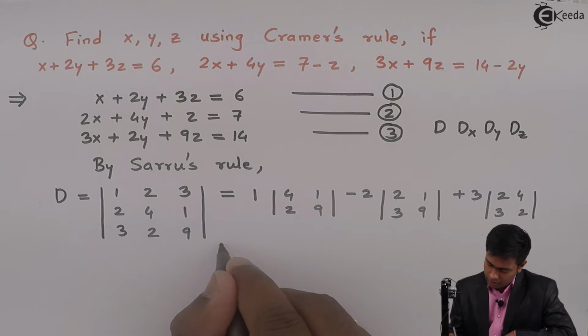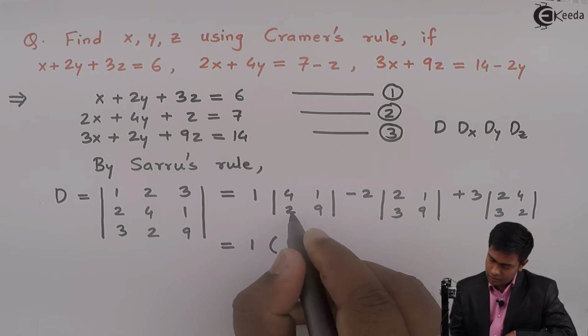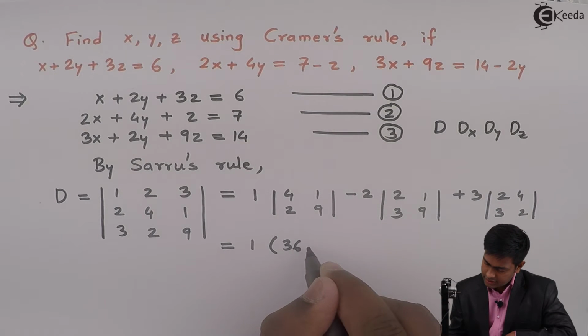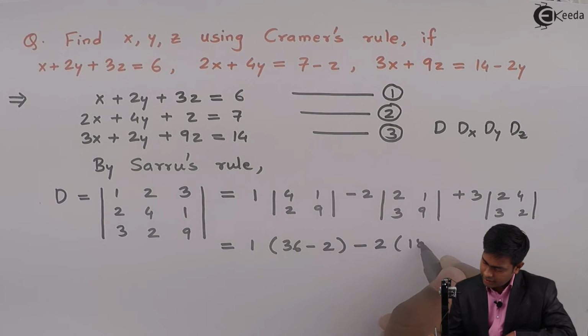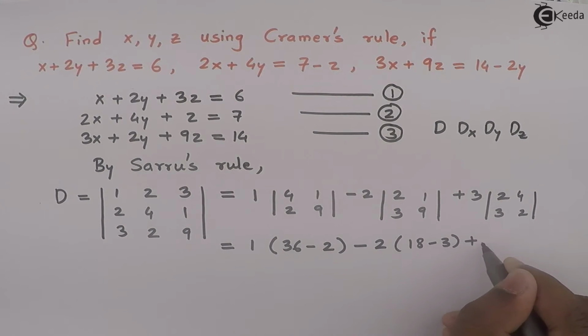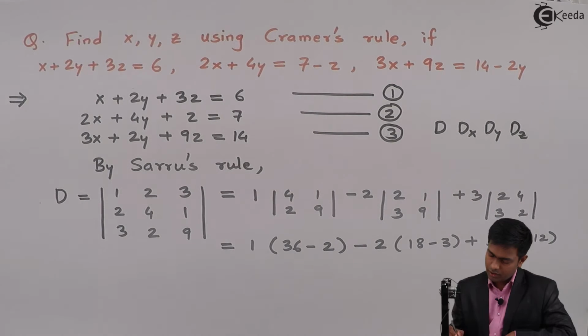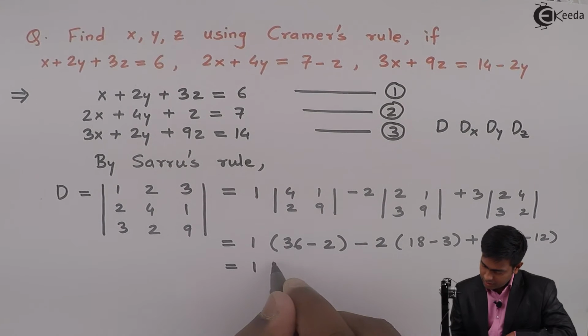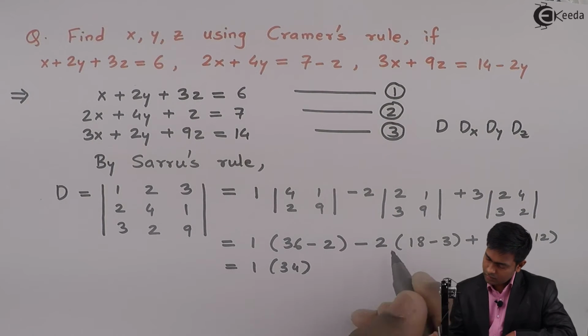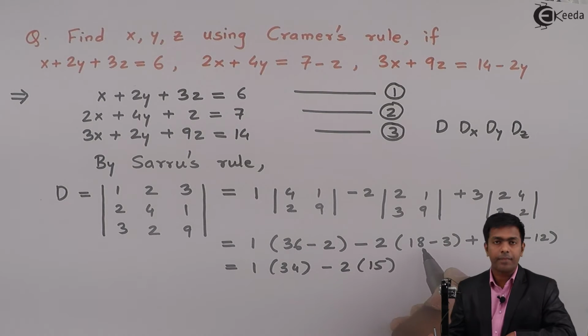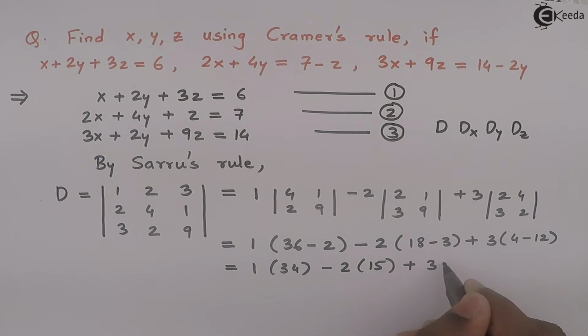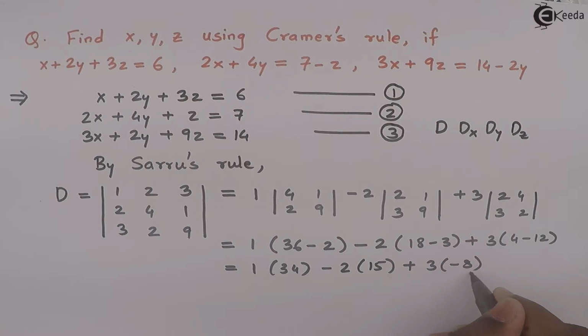Now here we will get 1 into, 9 fours are 36 minus 2, minus 2, this will become 18 minus 3, plus 3, and this will become 4 minus 12. So we will get 34, here minus 2 into 15, plus 3 into minus 8.